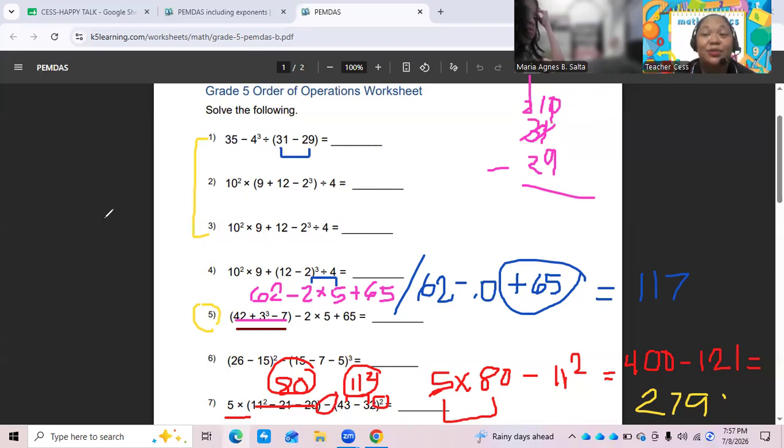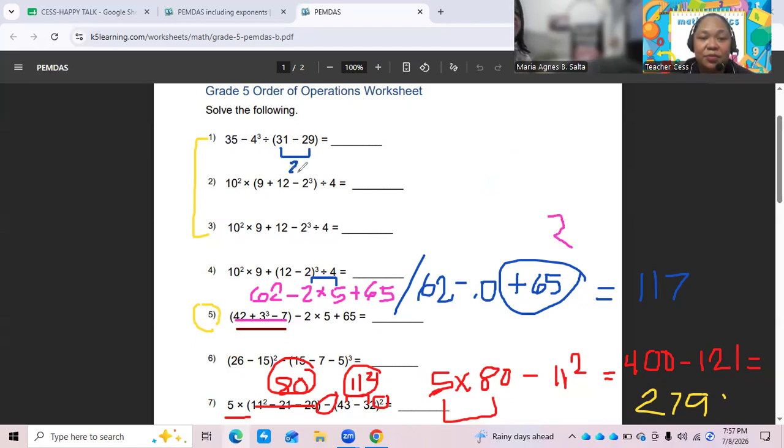Then 2 minus 2? 0. So what is your answer? 02, or just 2. You can put 2. Okay, this one is 2.